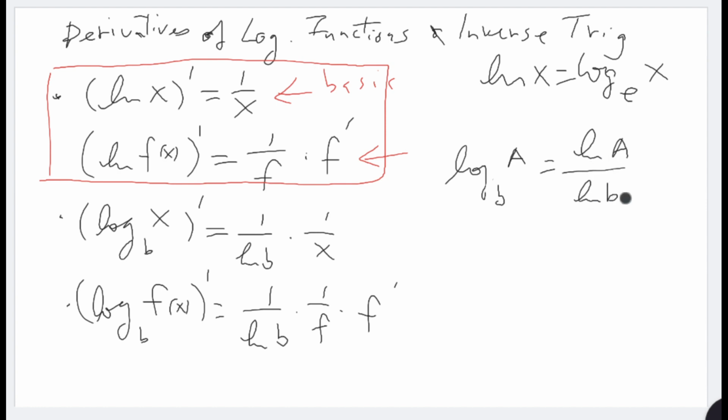This is why you see the ln b in the general log differentiation formula, in the bottom. It's because of this. So with this change-of-base formula, we don't really need to spend much time talking about general log. It can be easily turned into just natural log with some extra stuff on the bottom. All right, so let's just focus on the natural log.